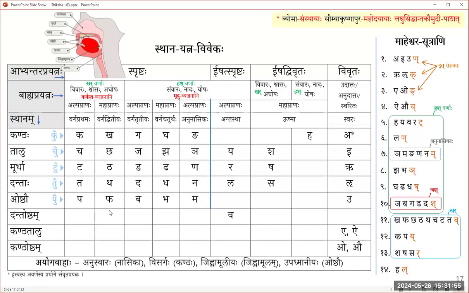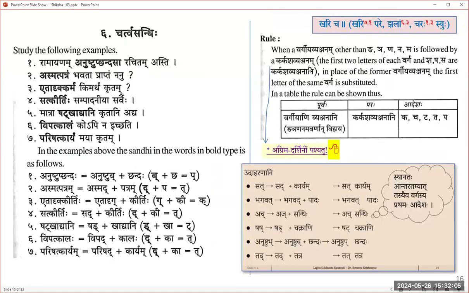These are the ones. And mrudu vyanjanas, you see here, varga tritiya, varga chaturtha, and varga panchama also come under mrudu. But in this case, they are excluded because they are not exclusive. See, other than varga panchama, it's followed by a karkasha vyanjana. In place of that original vargiya vyanjana, go to the first letter of the varga.